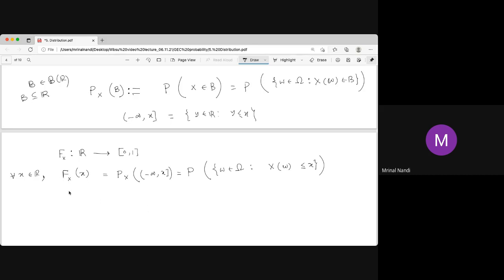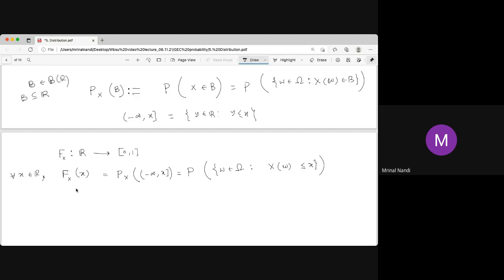Now, what is the utility and the advantage of this? The advantage is this: from this F_X, that function, you can find the probability of any interval or anything from this function only. And the important and interesting thing is that for this function, you need only one input.